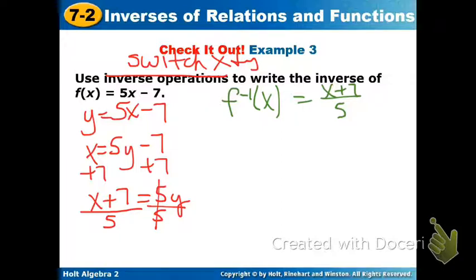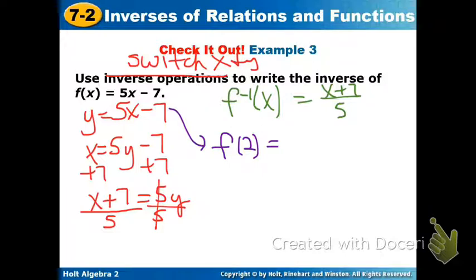So let's check this. I'm going to input a 2 into my original.